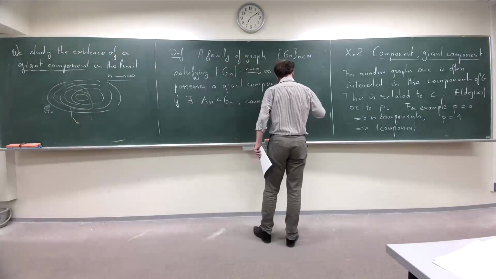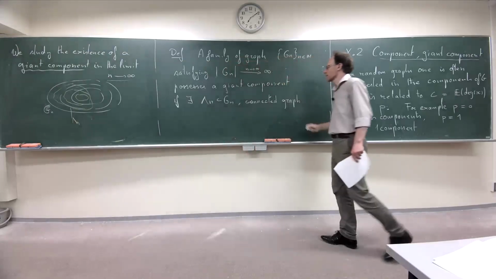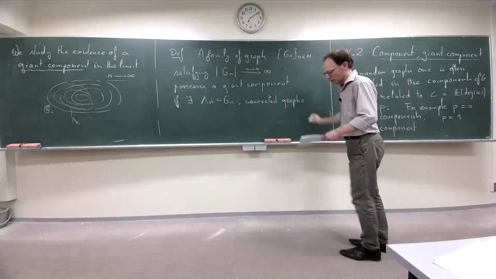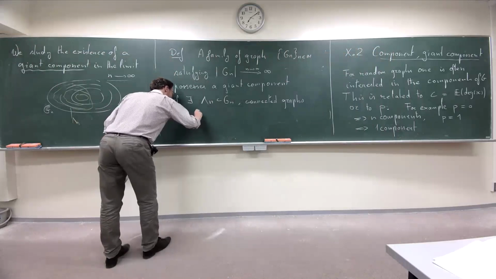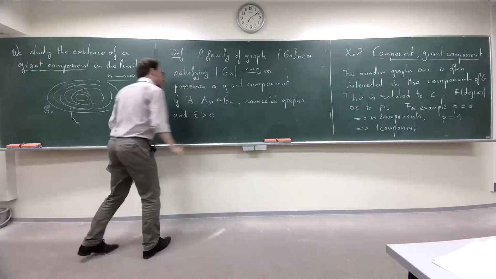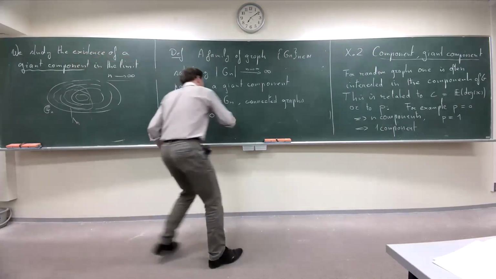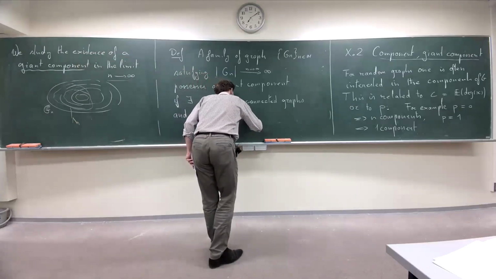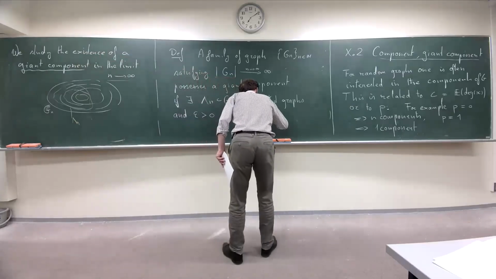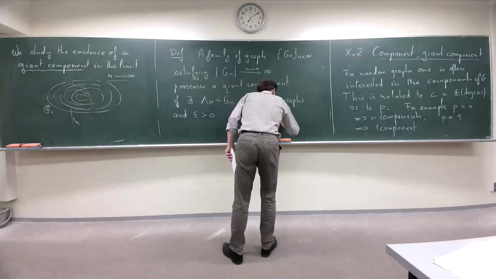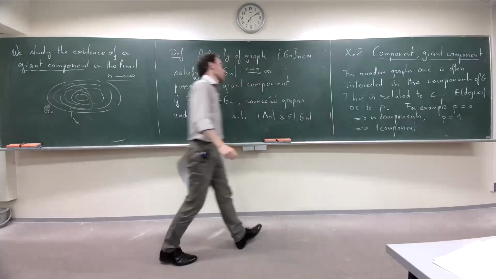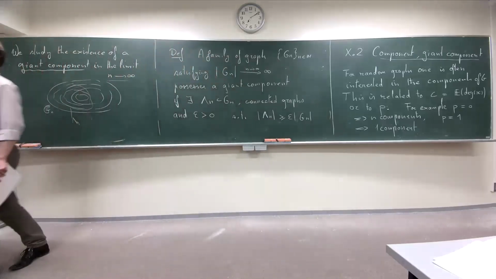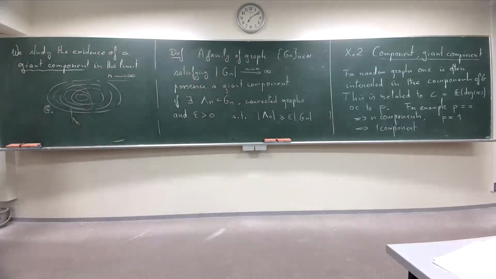So the yellow part has to be connected. But it's not enough. There also exists an epsilon bigger than 0, such that the size of Λn is bigger or equal to epsilon times the size of Gn. Can you guess why we impose this second condition, or the existence of this epsilon?